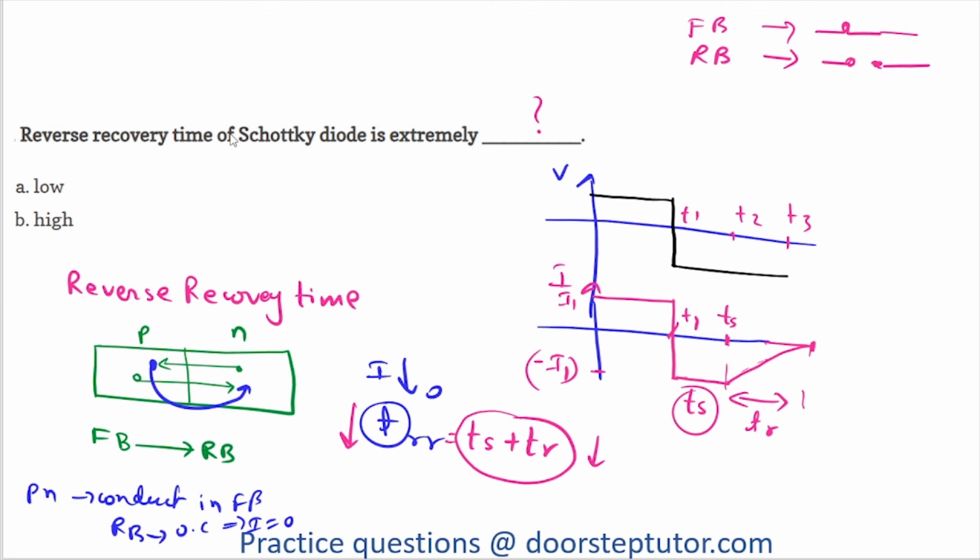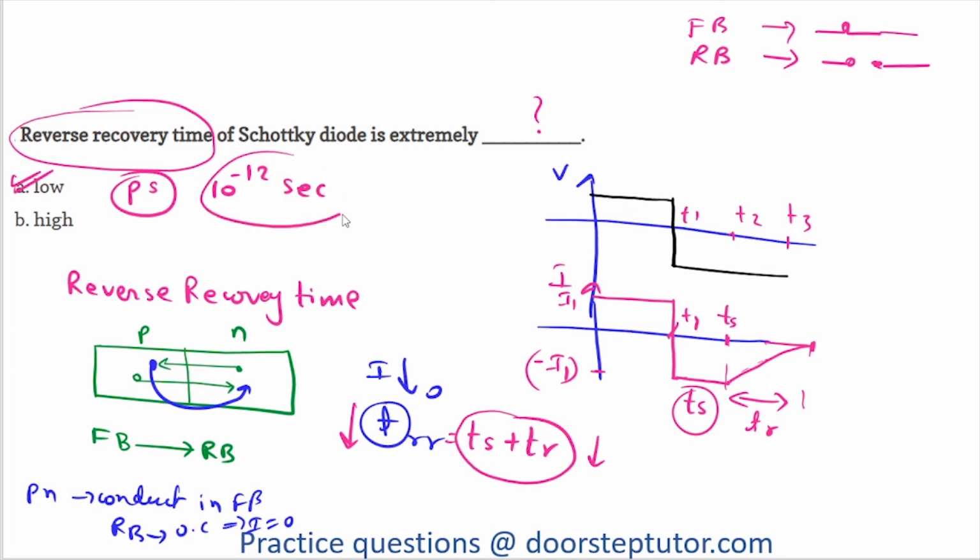But that reverse recovery time is very low in the case of the Schottky diode. It is in the range of picoseconds, that is 10 to the power minus 12 seconds. That is quite a low value. So that is another advantage of the Schottky diode. That's why it is used in switching circuits or in rectifier circuits.